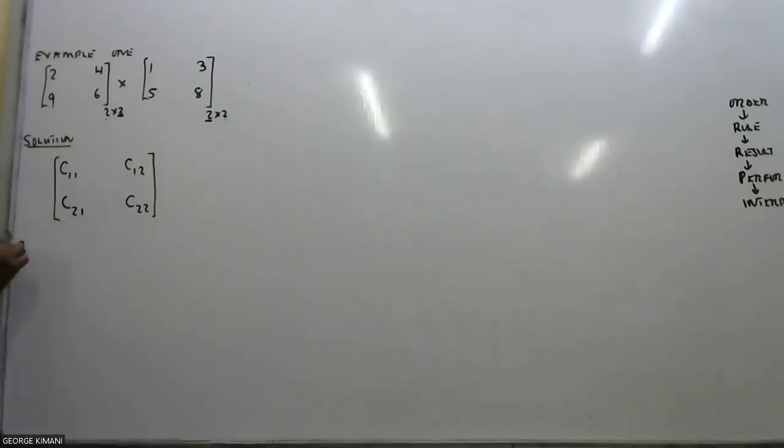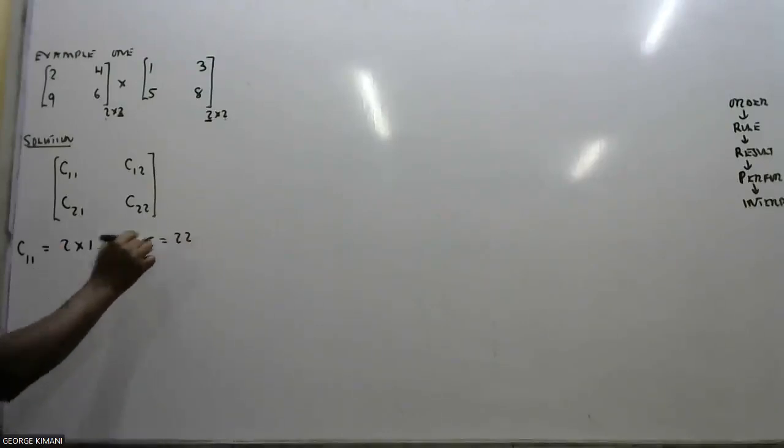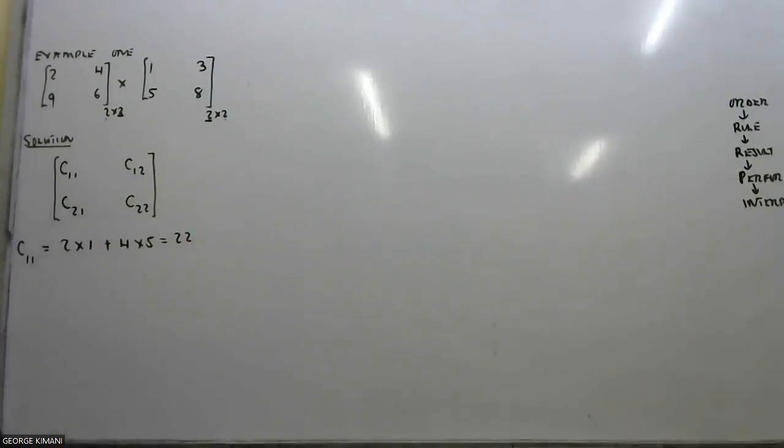So if you're looking for C11, you multiply the elements in row 1 of the first matrix and column 1 of the second matrix. So this will be 2 times 1 plus 4 times 5. This is 2 plus 20. That gives us what? 22.